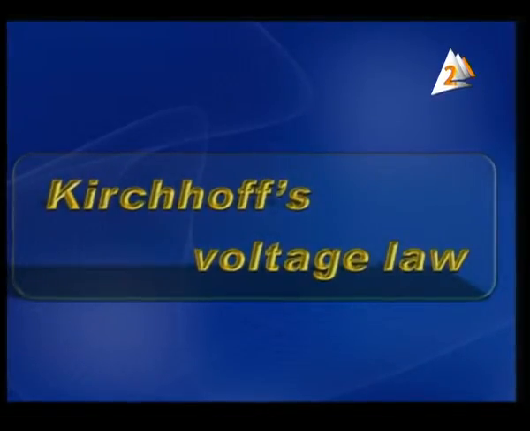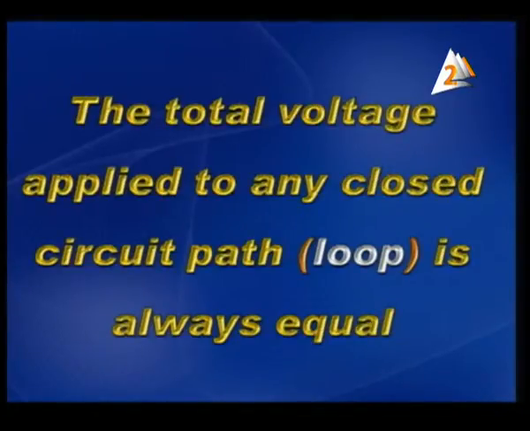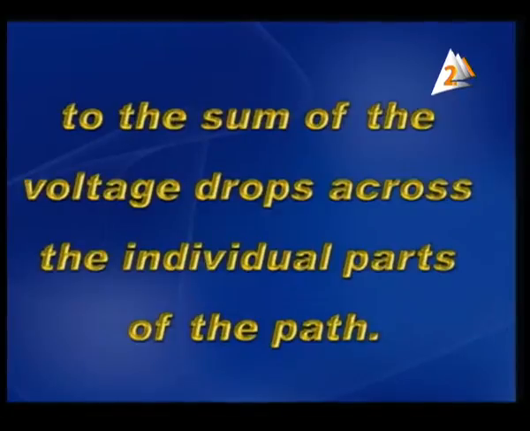Second law, it is Kirchhoff's voltage law. It states that the total voltage applied to any closed circuit path, we call it loop, is always equal to the sum of the voltage drops across the individual parts of the path.